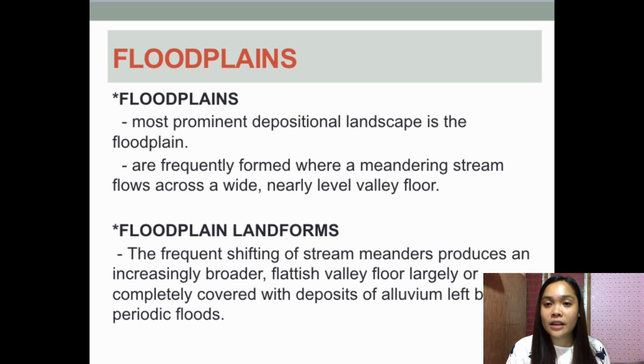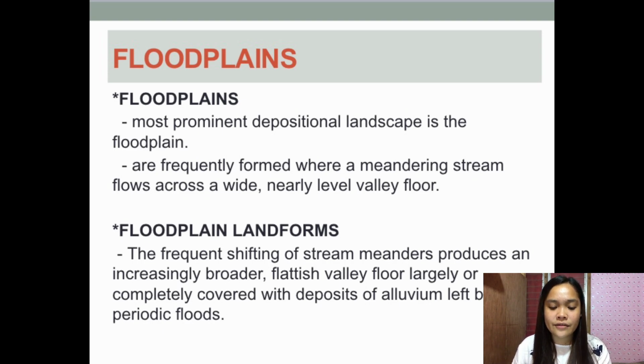A floodplain landform. The frequent shifting of stream meanders produces an increasingly broader, flattish valley floor, largely or completely covered with deposits of alluvium left by the periodic floods.